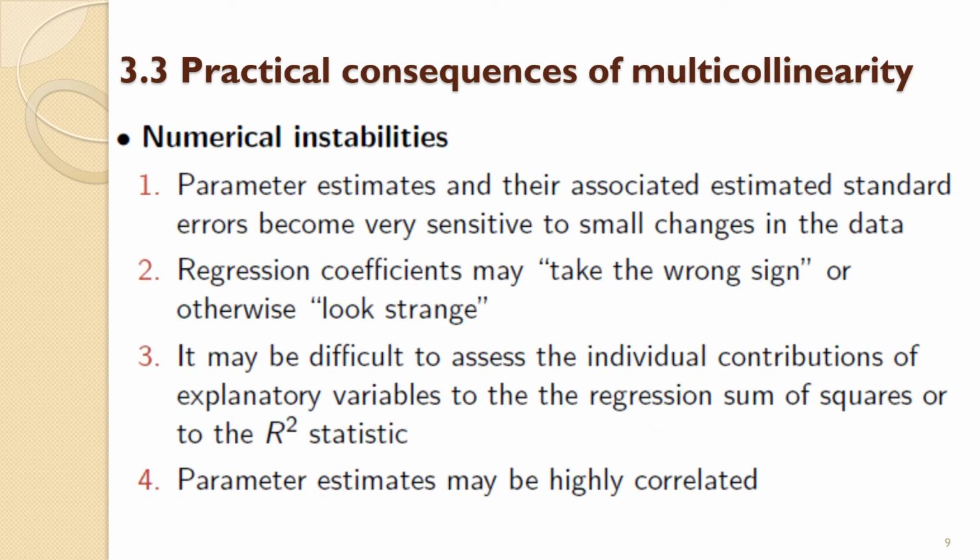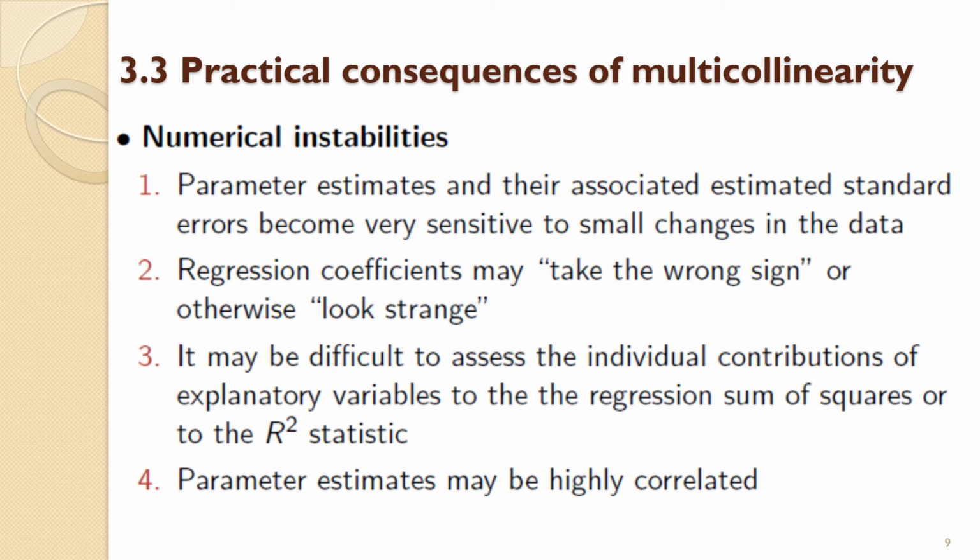Practical consequences of multicollinearity are then you're unlikely to blow up your laptop, but you have these potentially serious numerical instabilities. So you can still probably run the computer routine and get some sort of an answer, it's just you may not be able to trust the answer that the computer gives back to you.